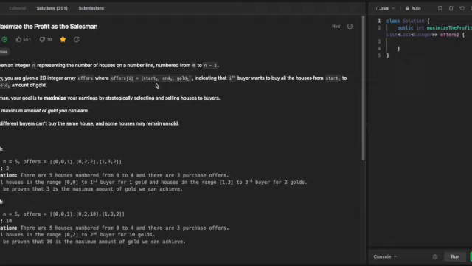So we just have to get the maximum amount of money. And we don't even have to have the list of offers that we would accept in order to get this money. We just have to return the maximum amount of gold that we can earn.